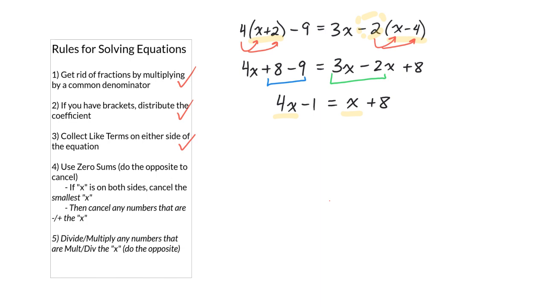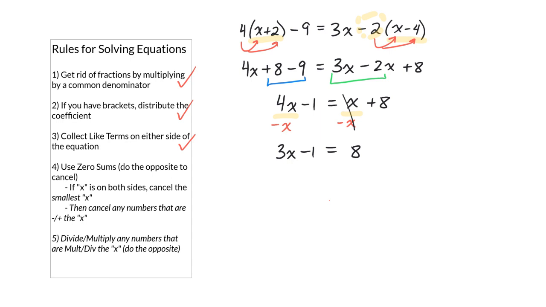So remember, what you do to one side of the equation, you have to do to the other side. So I'm going to subtract x from both sides of the equation. 4x minus x gives me 3x's. And on the other side, x minus x, that just cancels out. I'm just left with a +8 on the other side.